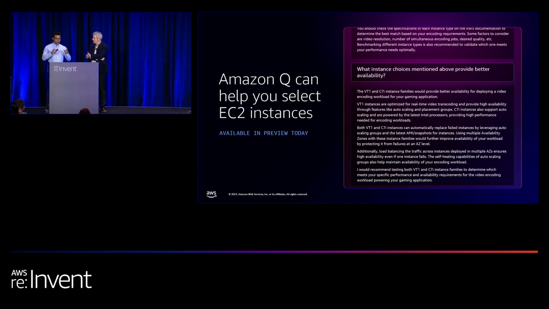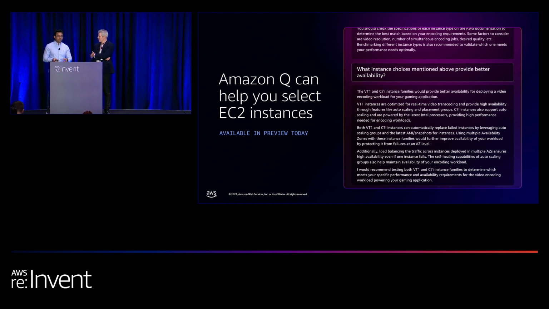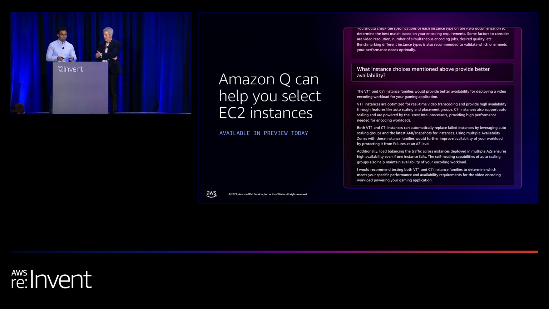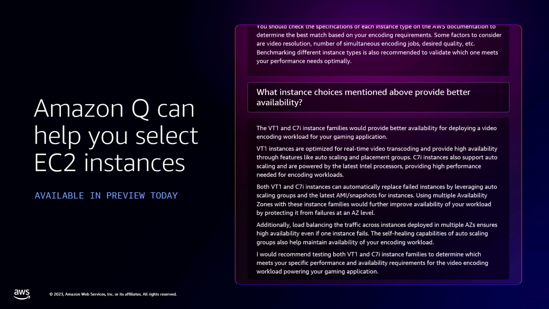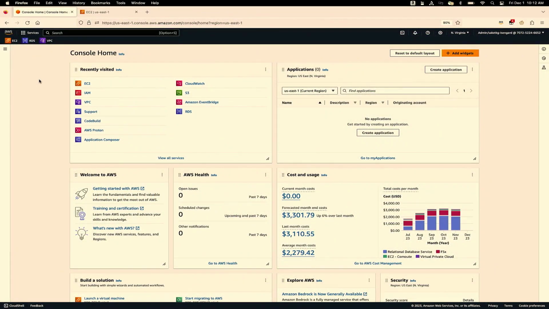Let's go to the AWS Management Console and actually see how it's working. All right, great, it's working. Awesome. Okay, step number one. Before talking through the console, I want to give you some context. In the AWS Management Console, the need for the instance type decision is very contextual to your actions.